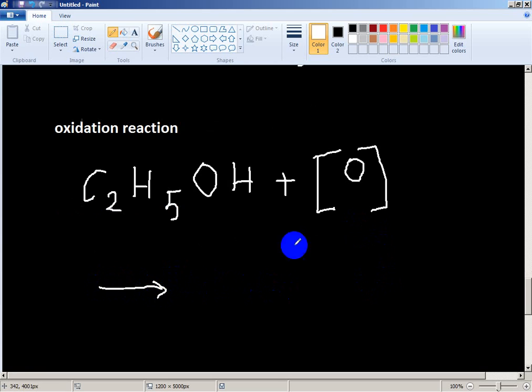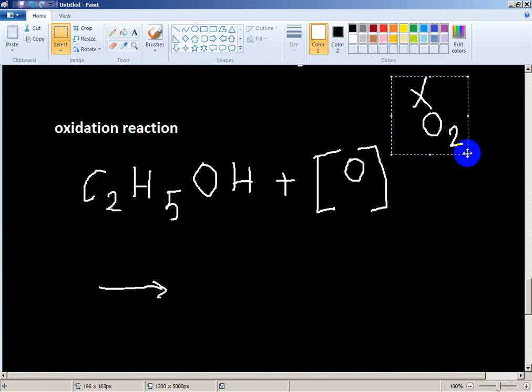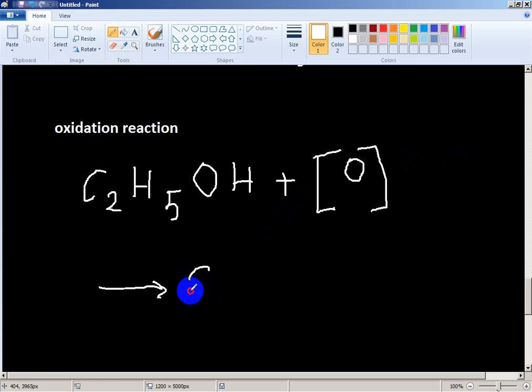We don't write oxygen directly this way; we write the oxidizing agent as [O]. From here, oxygen is added.